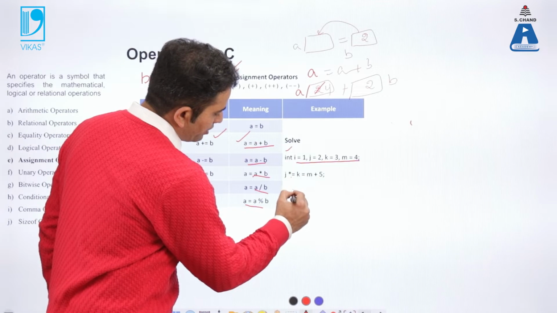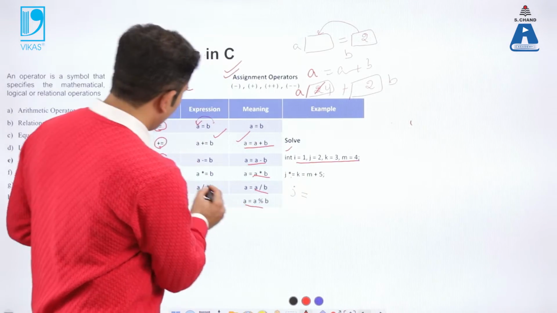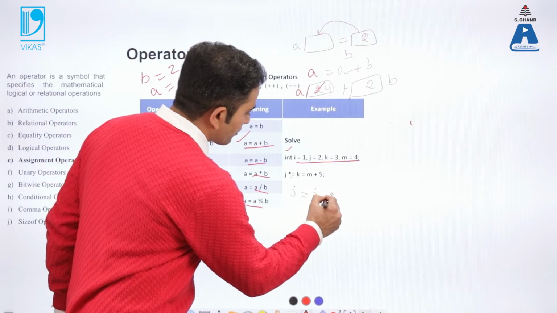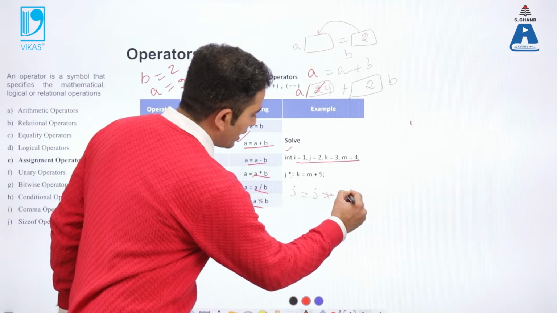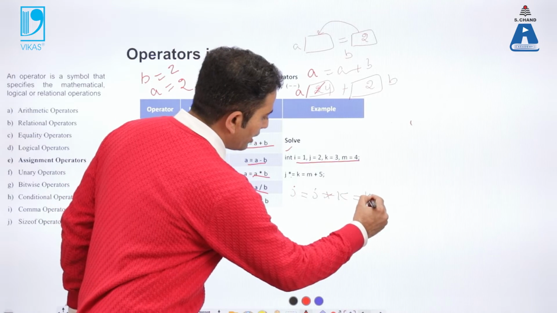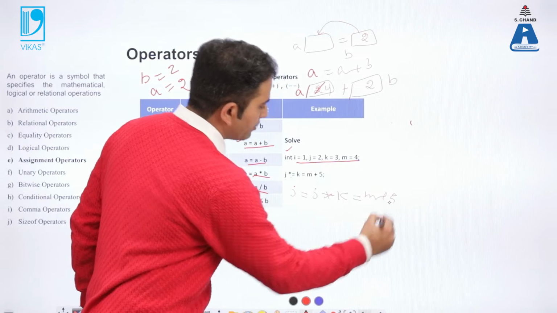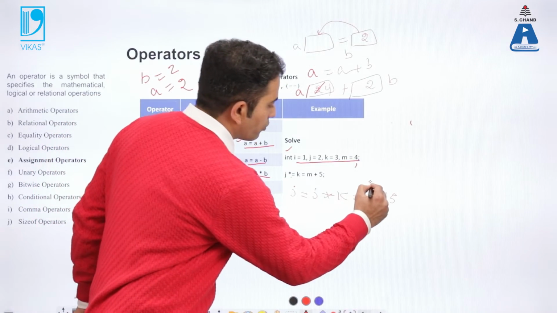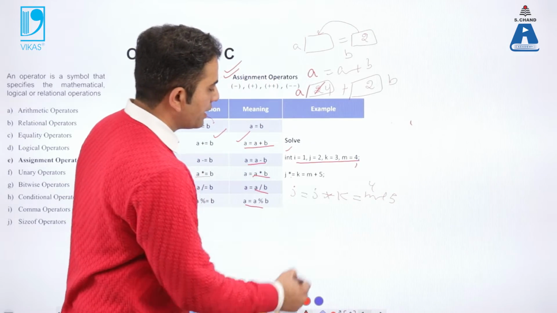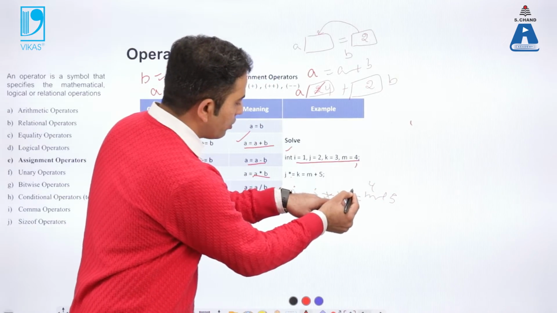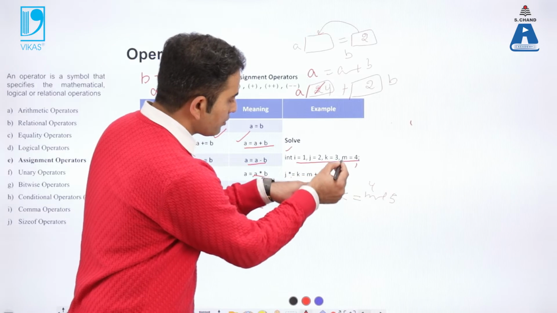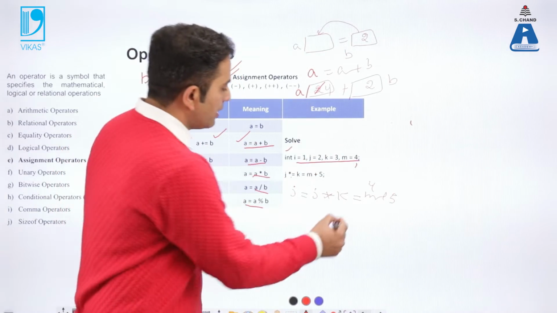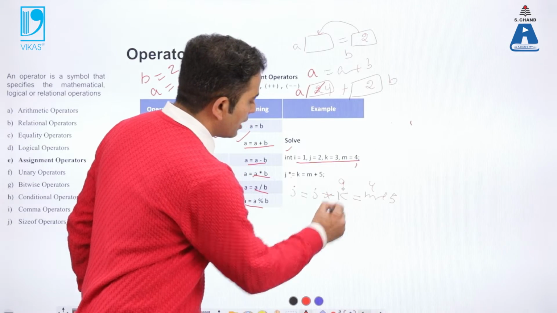With the help of this concept, j equal to j multiplied by k equal to m plus 5. The value of m is 4, so 4 plus 5 is 9. Now the value of k, which was 3, is updated and k becomes 9.